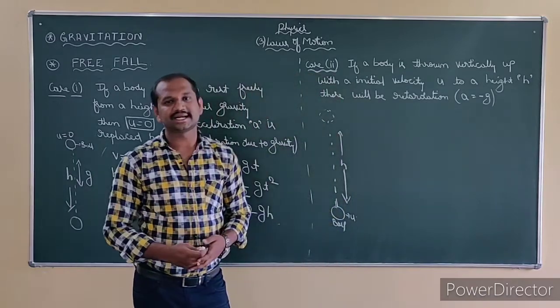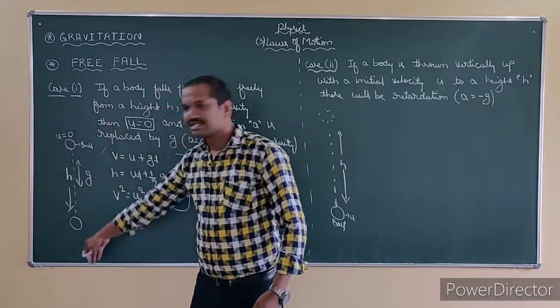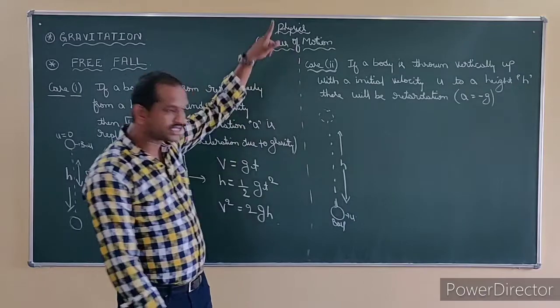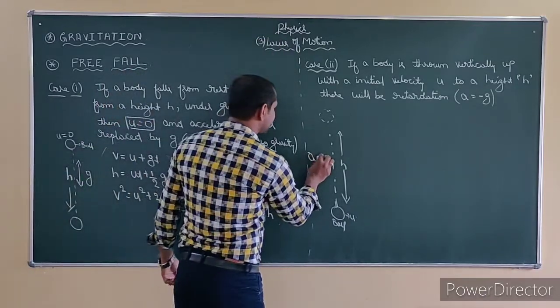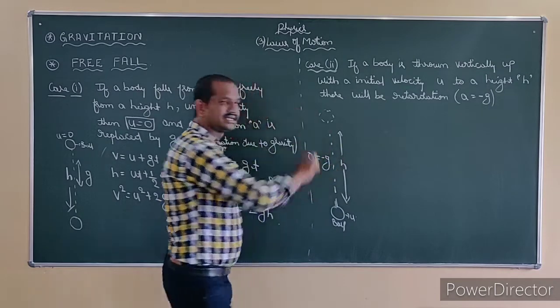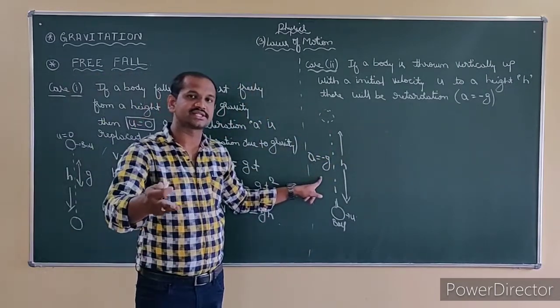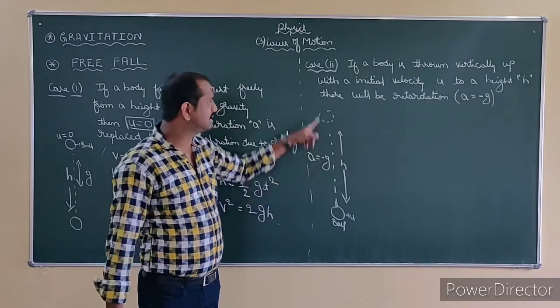Obviously, why here is it retardation? Because of negative acceleration. Before, the body was coming towards the earth, so positive acceleration. Now if the ball goes in the opposite direction of the earth, remember its acceleration is negative, that is minus g. Negative acceleration in motion in one dimension is retardation.